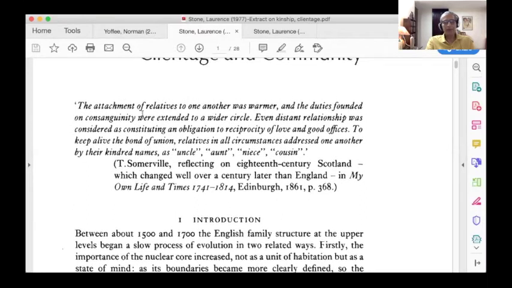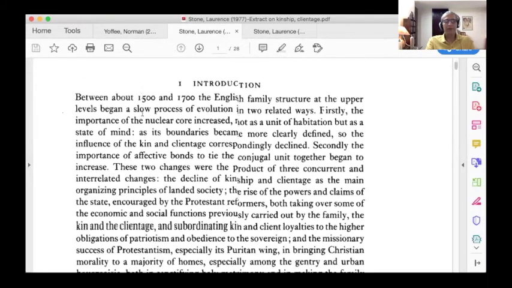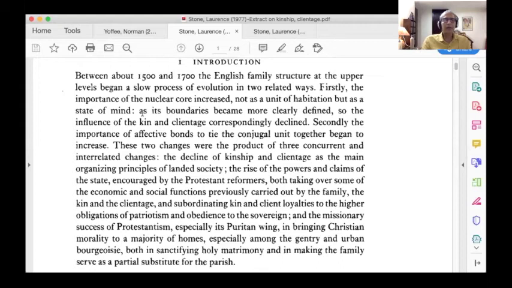I won't read out this epigraph, you should read it yourself, but from the introduction, it says, between about 1500 and 1700, the English family structure at the upper levels began a slow process of evolution in two related ways.